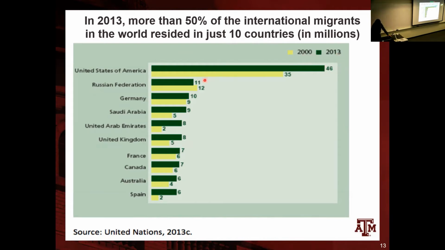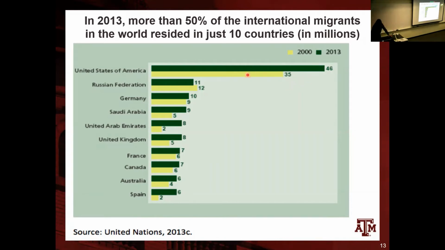If you add all the numbers in the green bars, it's of course more than 50% of international migrants living in only these 10 countries. And the number of those residing in the US increased from, here we have millions, it's not percentage, it increased from 35 million to 46 million, right?